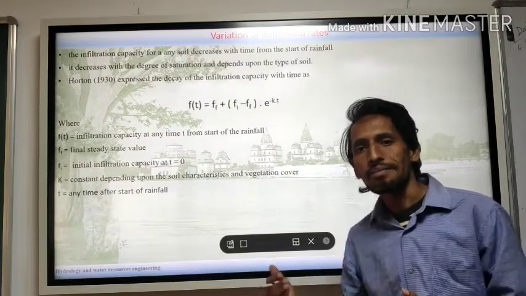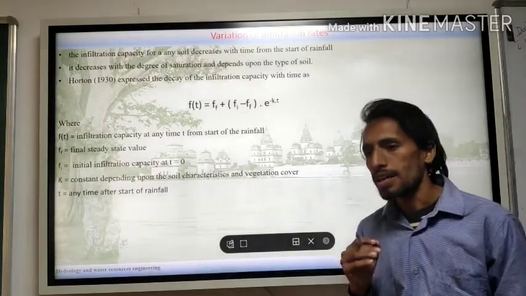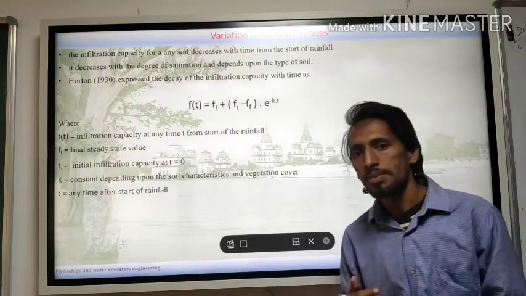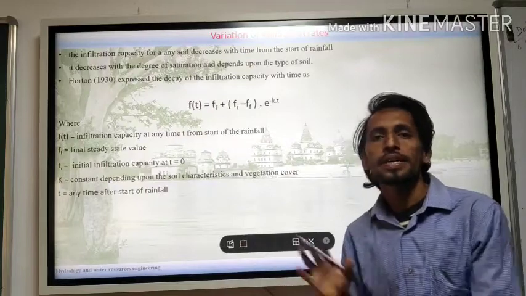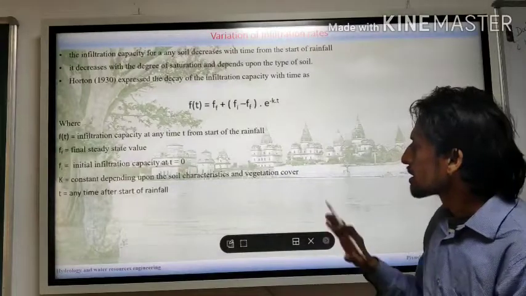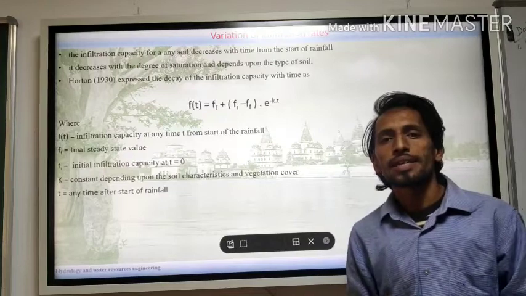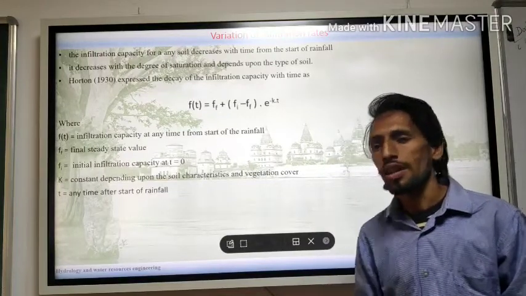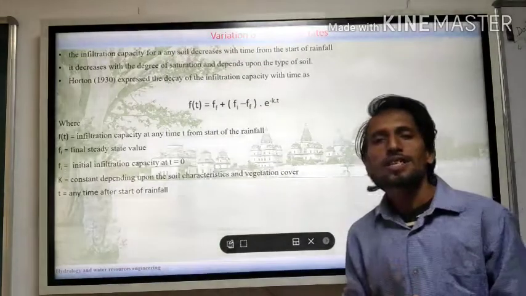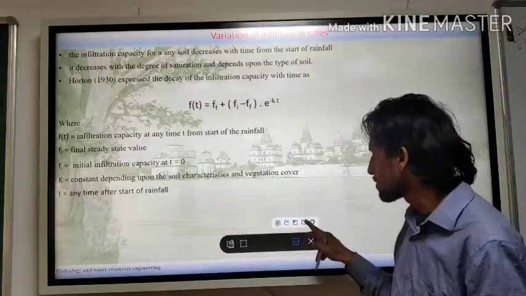K is a constant that depends on the type of soil, the permeability, and various properties of the soil and the ground. Also, if there is some vegetation, that affects the properties of the soil. So this is a constant. If you wish to draw a curve for this, let's try to draw.